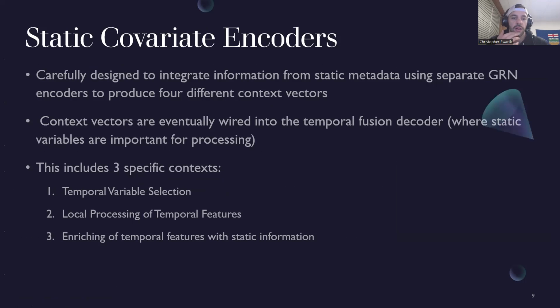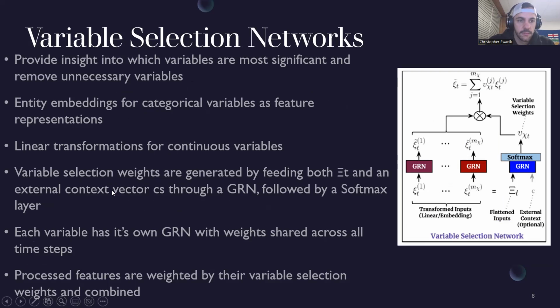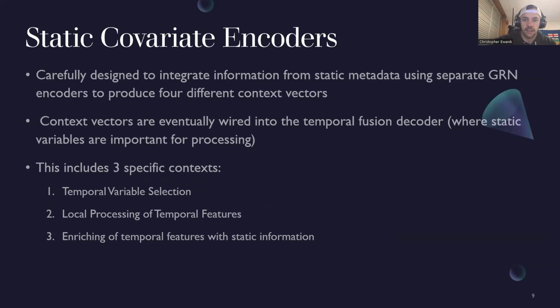Cool. All right. Next is our static covariate encoders, which would be here. What they do is integrate information from static metadata using our GRN encoders to produce 4 different context vectors.